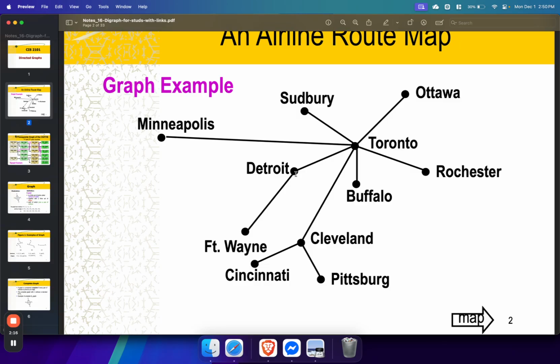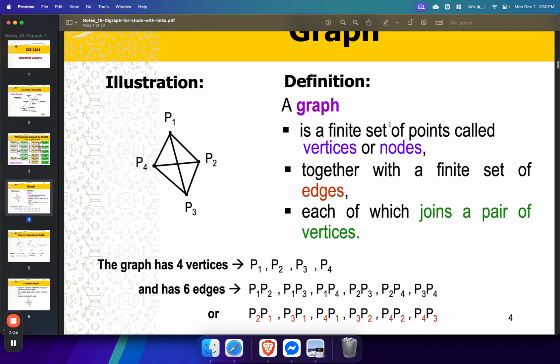For the sake of differentiation from other data structures, let's call them vertices moving forward. So that's the first thing we need to consider a graph: you need to have vertices or nodes. In this illustration, we have four vertices, P1, P2, P3, and P4.